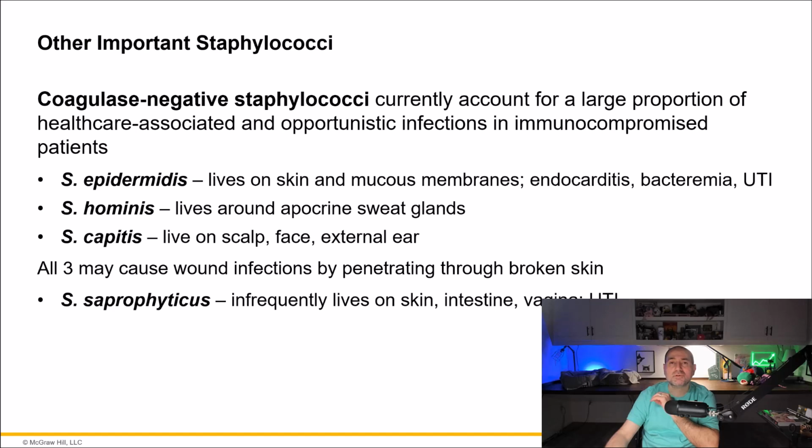And do you remember how you can tell Staphylococcus aureus apart from these other staph species listed here? It was the coagulase test. So you should remember that Staph aureus is coagulase positive, while these other staph species are the coagulase negative Staphylococci.